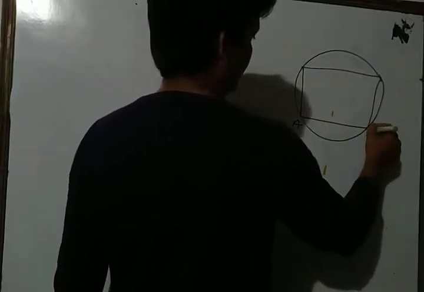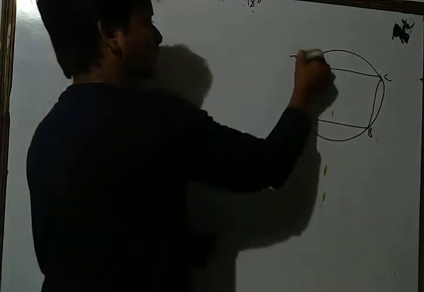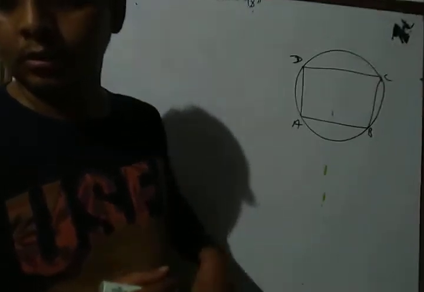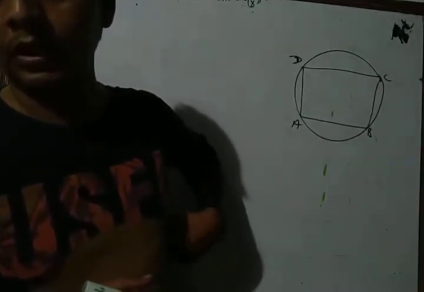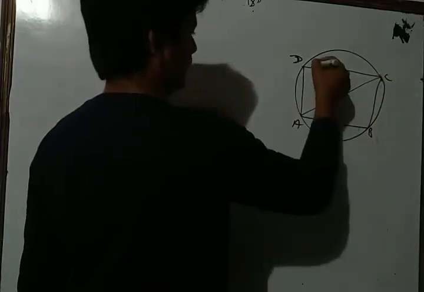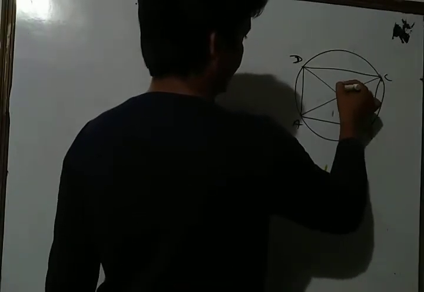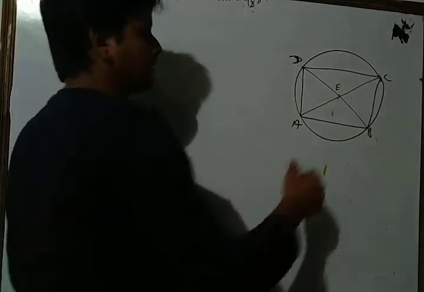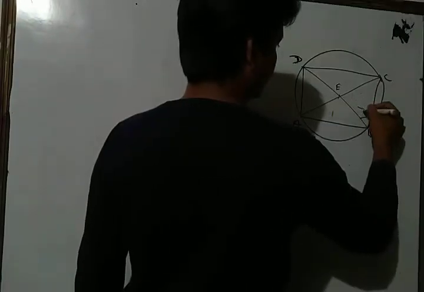Okay, this is our figure, and ABCD is a cyclic quadrilateral, in which AC and BD intersect at E, and angle DBC is given as 70 degrees.